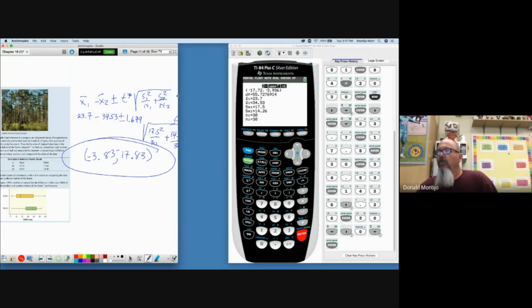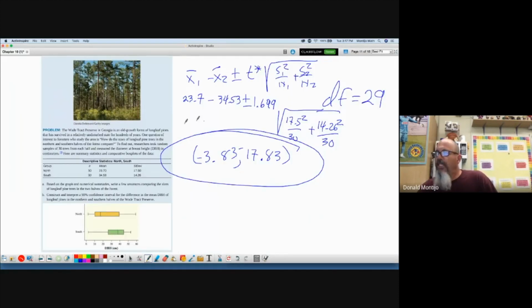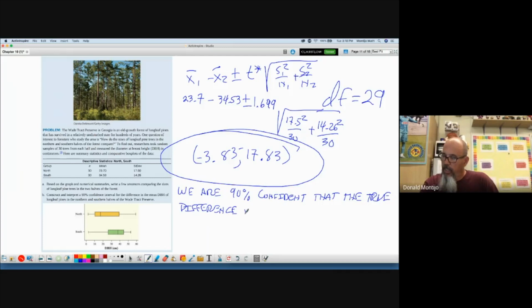So let's go back to our full screen here and let's finish up this problem. So we did it. We got the interval. What the heck does it mean? Well, we always start our interpretation this way. We are 90% confident of what? That the true difference in mean DBH.